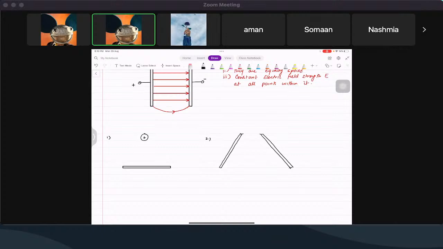Remember, just write a note here. The field lines always enter or exit the surface at 90 degrees to it.